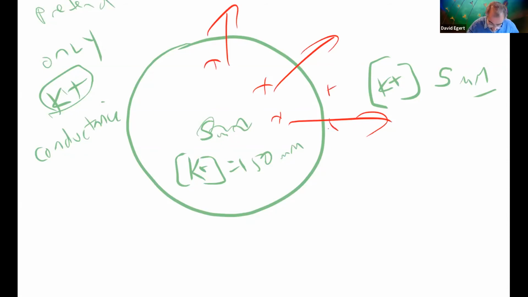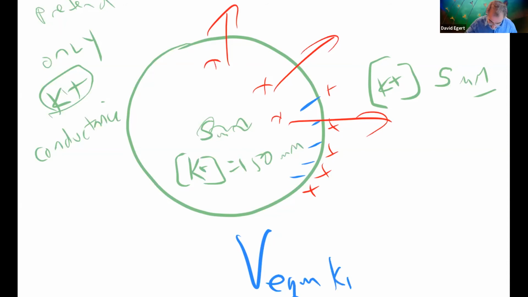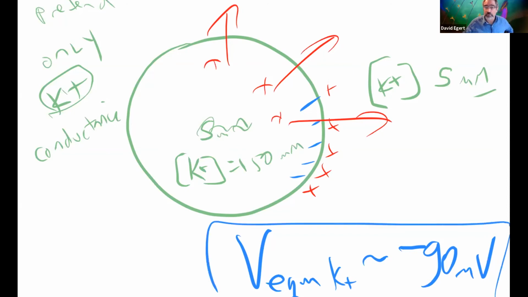As they leave, it becomes more positive outside, more negative inside. And that keeps happening until we hit this V equilibrium for potassium, around minus 90 millivolts. So if you have a cell that is purely potassium conductance, it's going to equilibrate at about minus 90 millivolts membrane potential.